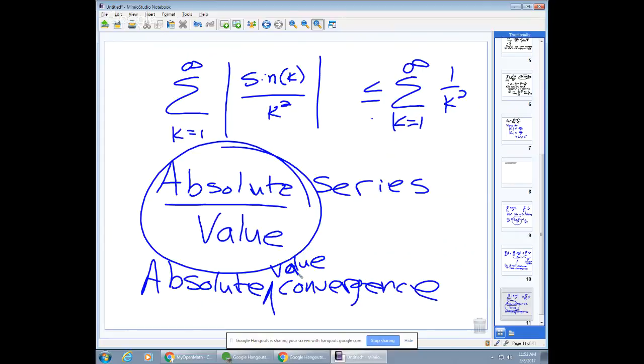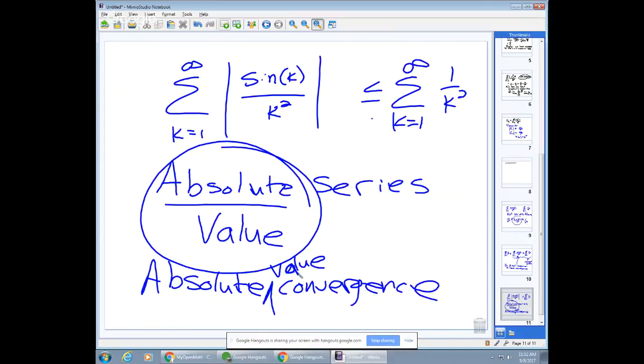Absolute value convergence. So I'd like you to try and put that in your head. Every time you see the phrase absolute convergence, tell your mind to stick the word value in there, because that's really what it means, absolute value convergence. All it means is if you strip the signs of all those numbers, it still converges, which is pretty powerful.